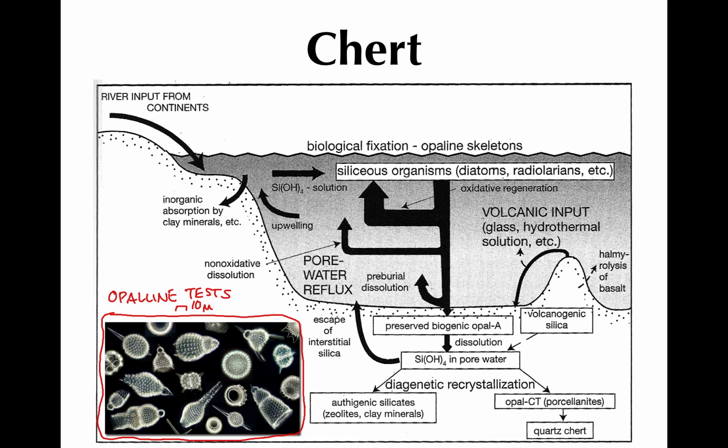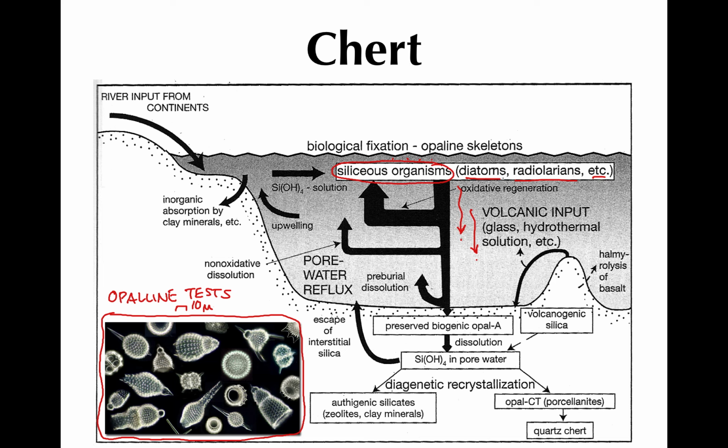These organisms all live near the sea surface, so they're living up here, high in the water column, diatoms and radiolarians and some other things. Those siliceous organisms live for a while and then die, and when they die, their tests settle down to the bottom.